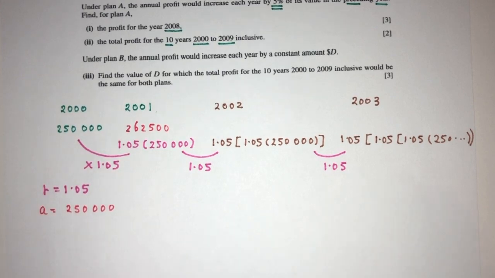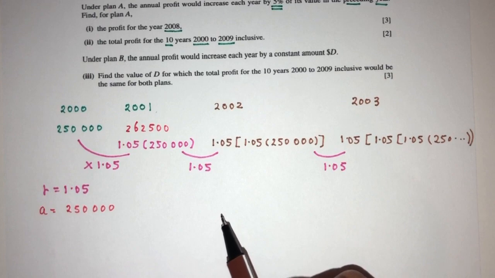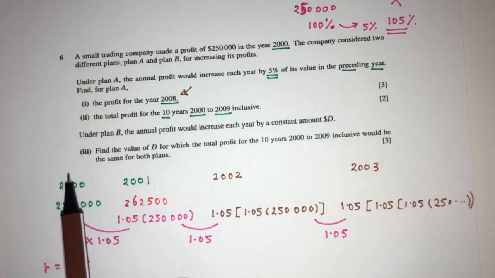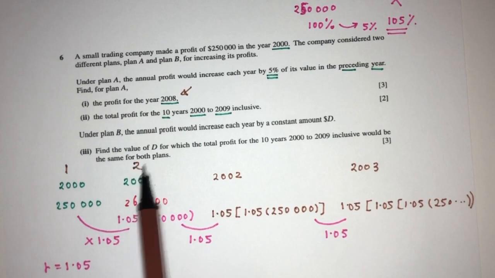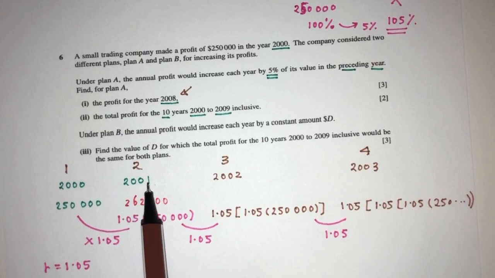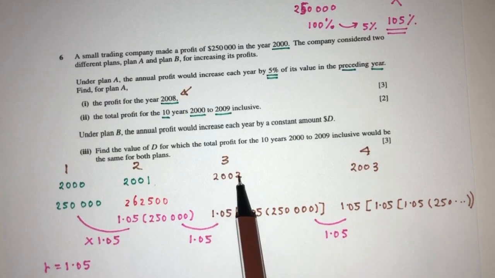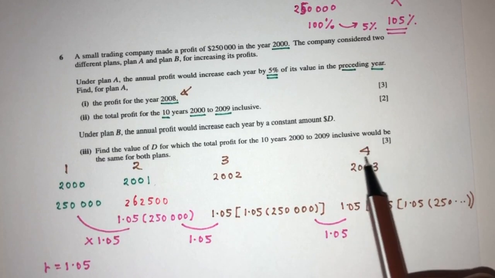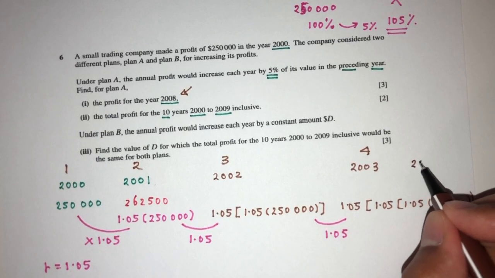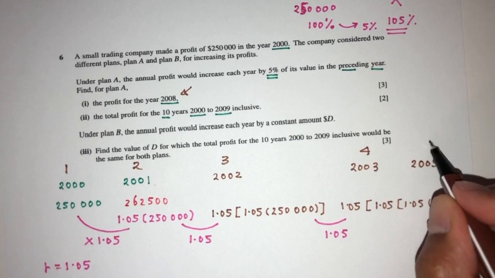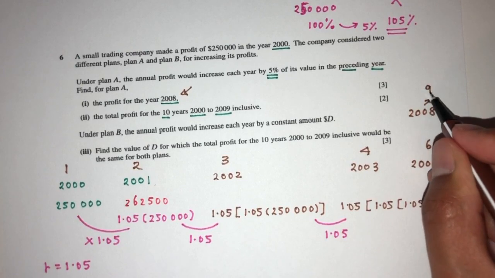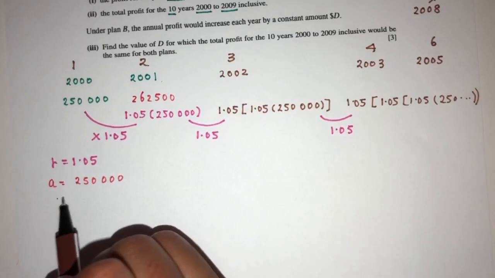Now we have to find the profit for the year 2008. What term will be 2008? This is the first term, second term, third term, and fourth term. Second term is 2001, third term is 2002, fourth term is 2003, so 2005 would be the sixth term, and 2008 should be the ninth term.